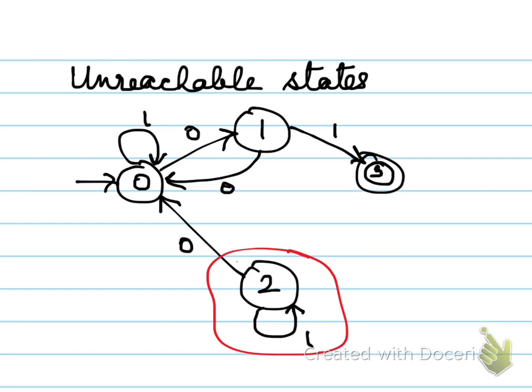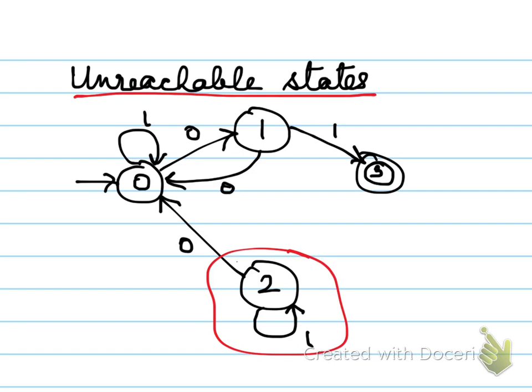These types of states are unreachable states. If you want to eliminate states, then these unreachable states are the ones you can eliminate, not the other ones. So the first step is to find out if there are unreachable states, and if there are, eliminate them. It is very easy to detect.